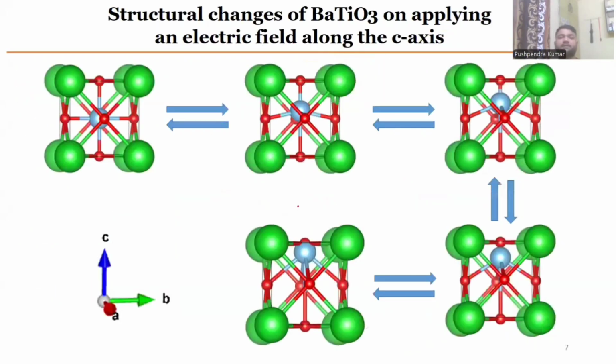Okay, the crystal structures are completed. Now we discuss the ferroelectric behavior of BaTiO3 on applying an electric field along the C-axis. In the ideal case, the Ti is exactly present at the body center of the cube, but actually it is slightly displaced from its exact body center position.